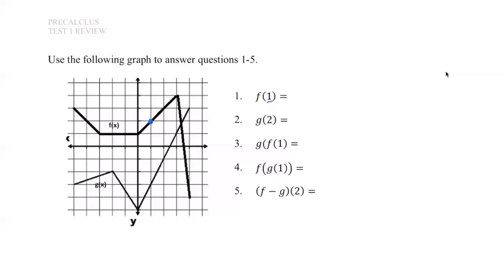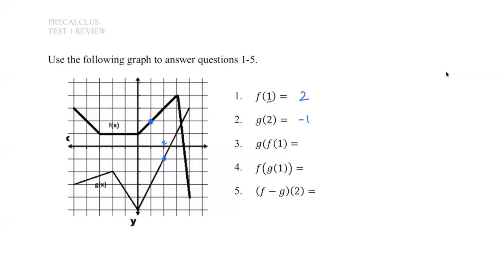F of 1, it's right here. So that's equal to 2. Very straightforward. You just look at the graph and you can get the value. And then we have g of 2. 2 is right here, g of 2. Just make sure that you're not referring to the wrong graph. And I don't think that's any kind of error that could ever happen.